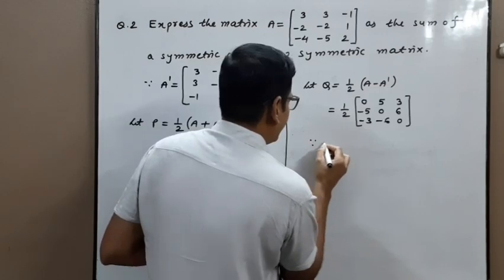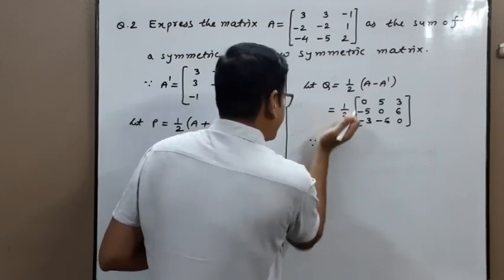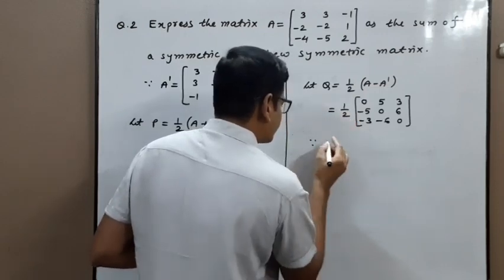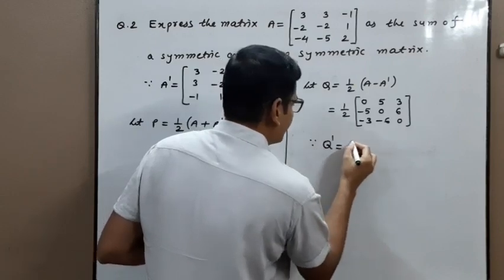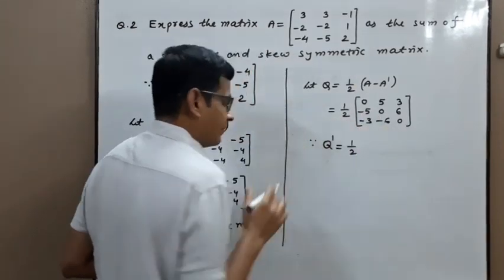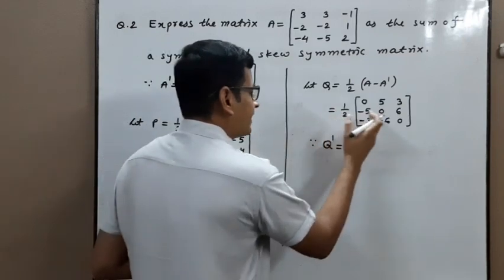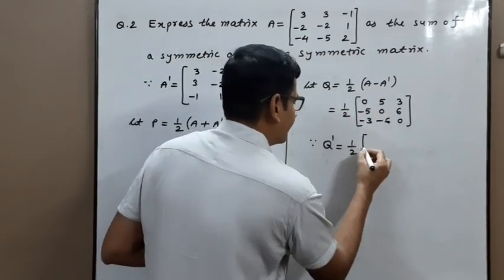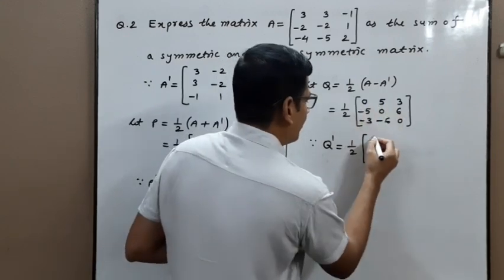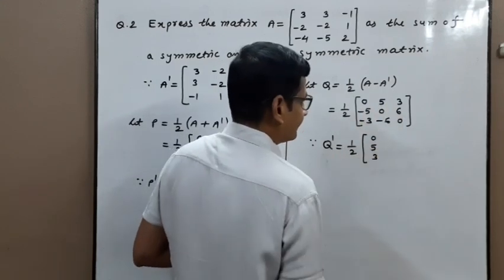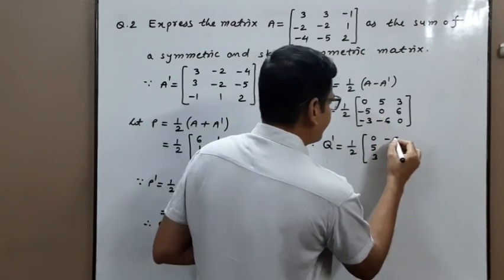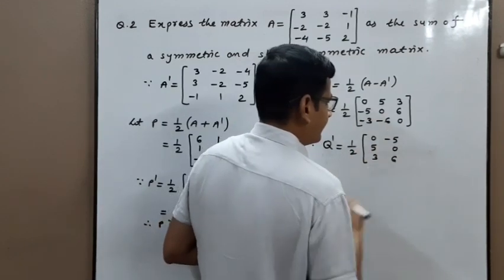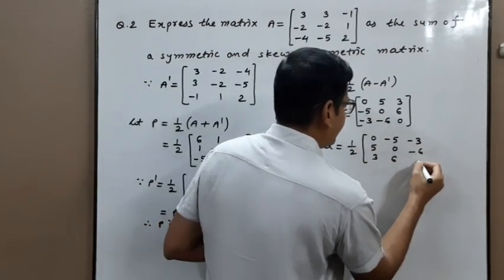Now find Q'. Again, scalar into matrix: the transpose of scalar into matrix equals the scalar as it is and the transpose of the matrix. So write 0, 5, 3; minus 5, 0, 6; minus 3, minus 6, 0.